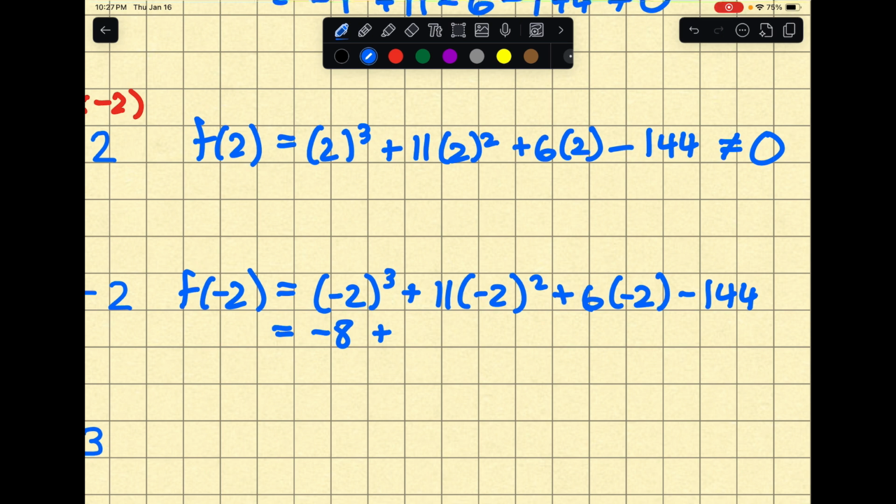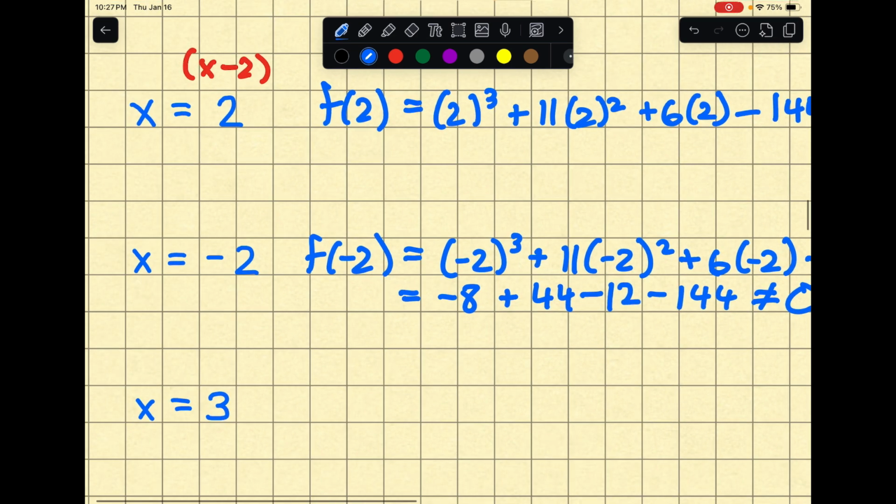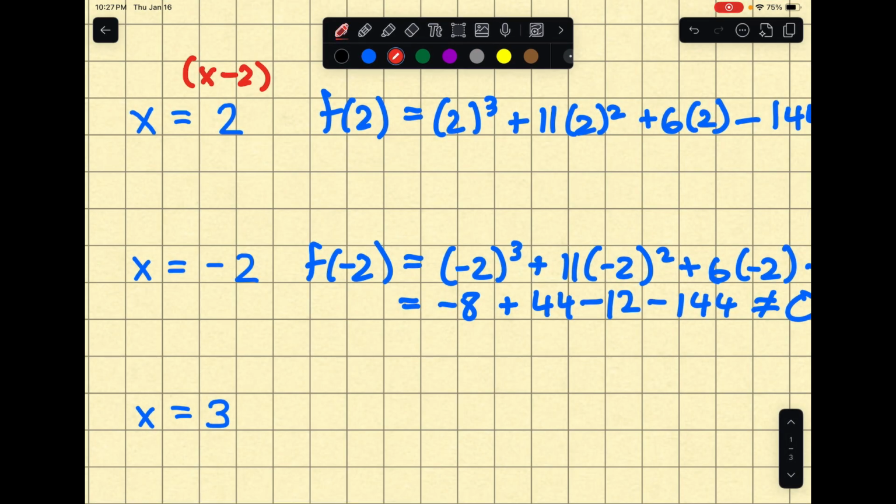Negative 2 squared is 4, times 11 is 44. This is minus 12 minus 144. So negative 8 plus 44 is 36, minus 12 is 24. Minus 144 is definitely not going to equal 0. So no luck yet. This isn't 1, this isn't 1.